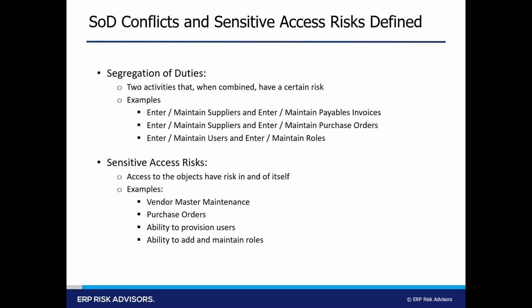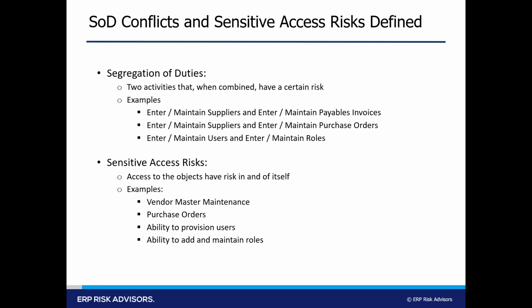So some examples here. The first example, enter and maintain suppliers versus enter and maintain payables invoices. Suppliers being master data, invoices being a transaction against a supplier. So you're trying to separate those two from a fraud perspective.